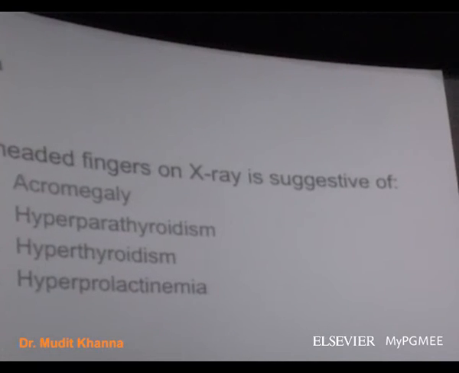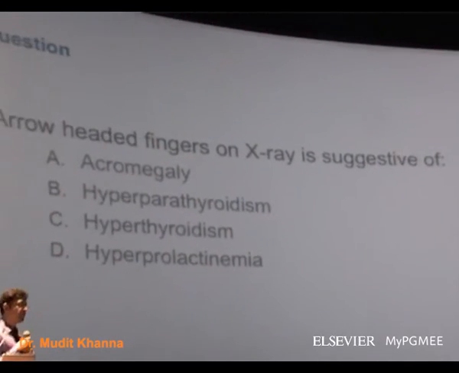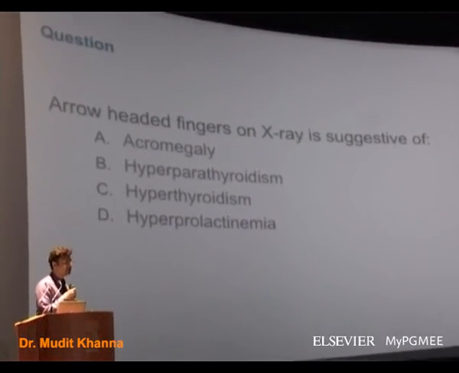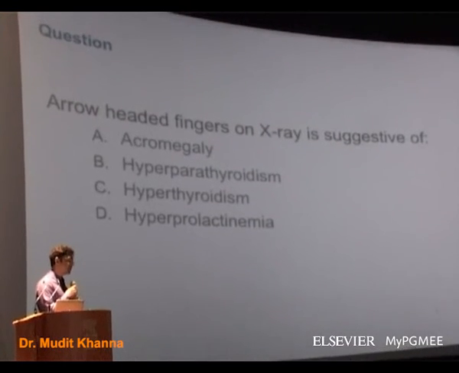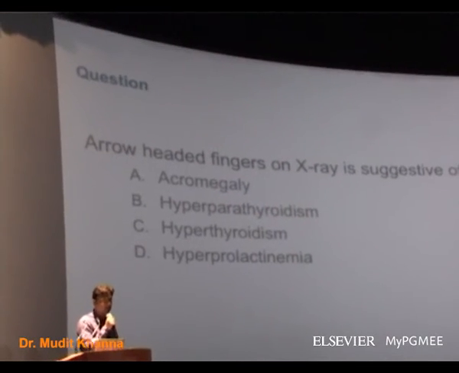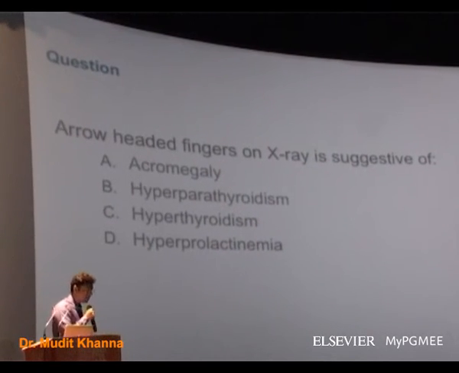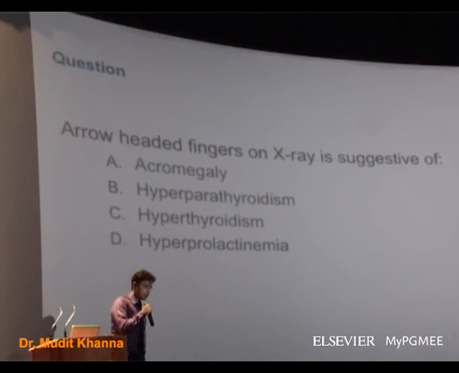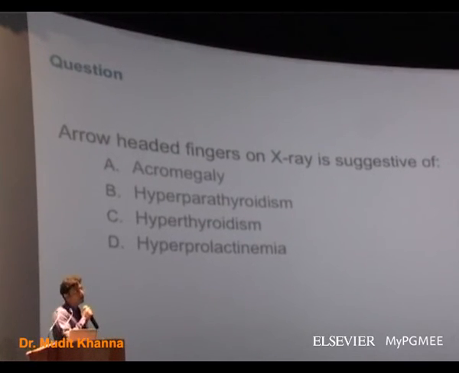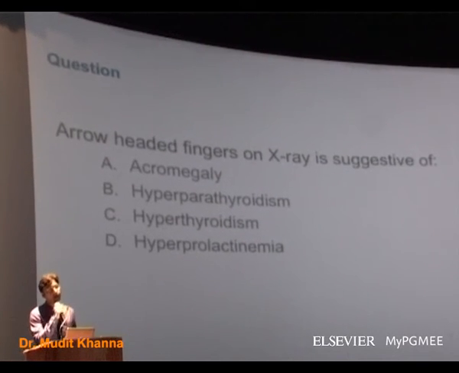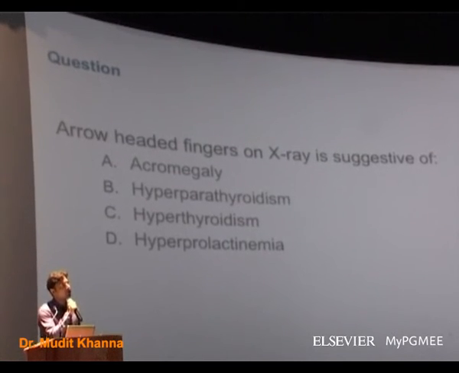There was a question that was asked which was about tufting of terminal phalanx. Tufting of terminal phalanx is seen in. And the reason I have put this is because even in the book that I had written on medicine, I had the answer wrong.